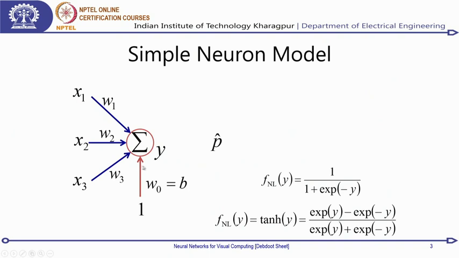Putting it into a summation, I get this term y, the output. The form of y is w0 plus w1 x1 plus w2 x2 plus w3 x3. If I have n variables, I can have n weights associated with them, and this will be an n plus 1 term summation.